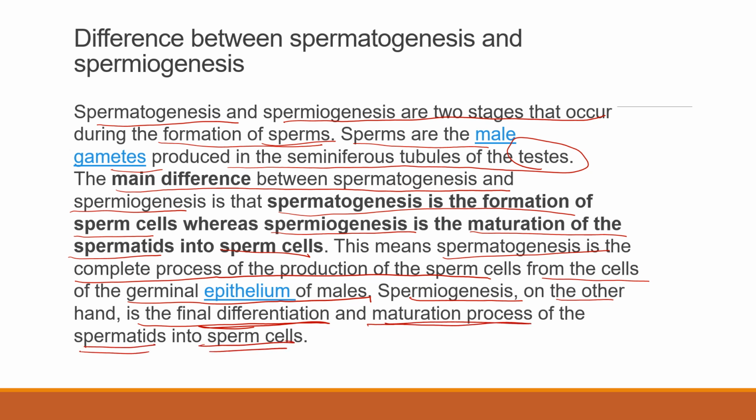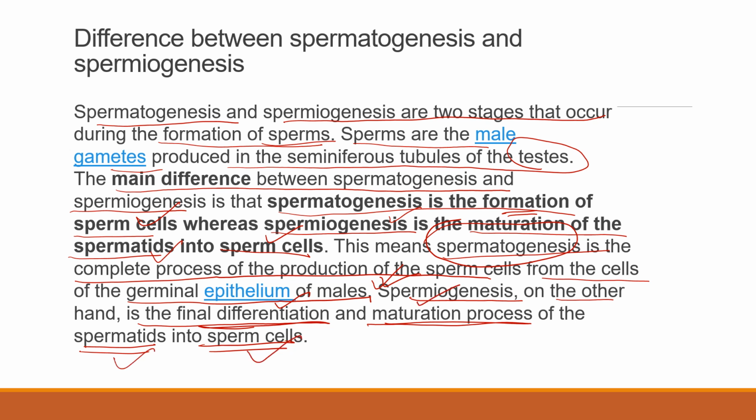So is it clear to everyone? So the main difference is that spermatogenesis is the formation of the sperm cells, whereas spermiogenesis is the maturation of the spermatids to the sperm cells. So the entire process is spermatogenesis, whereas spermiogenesis is only the last differentiation and maturation process of the spermatids to the sperm cell.